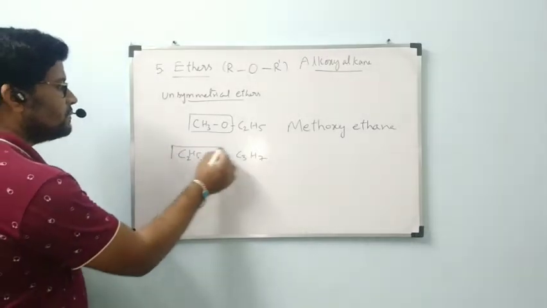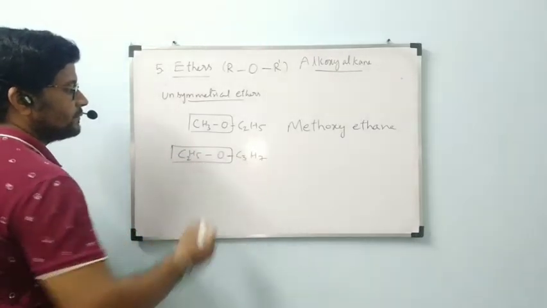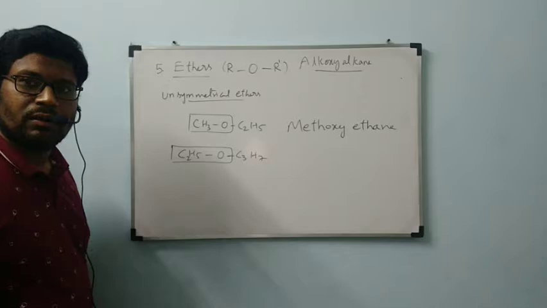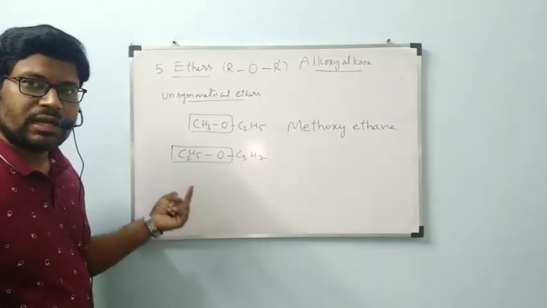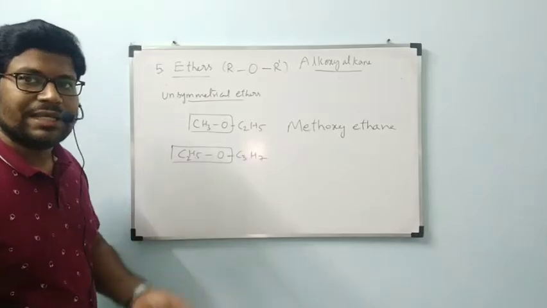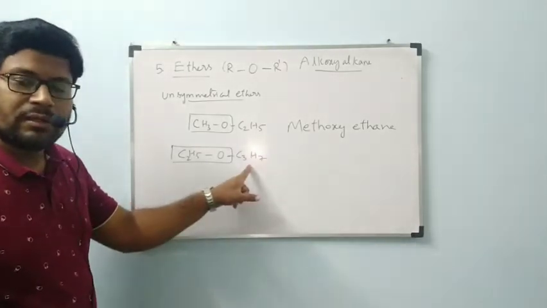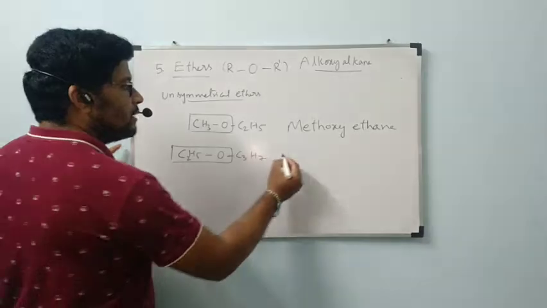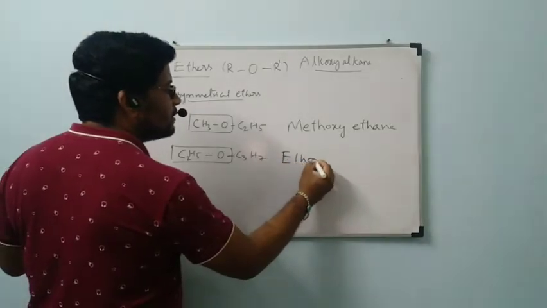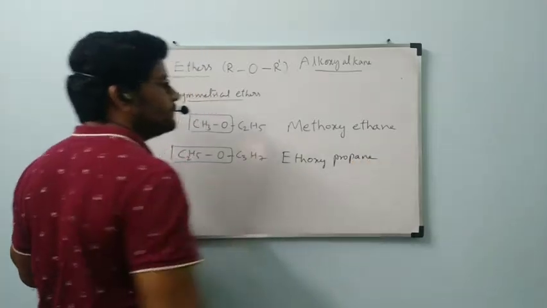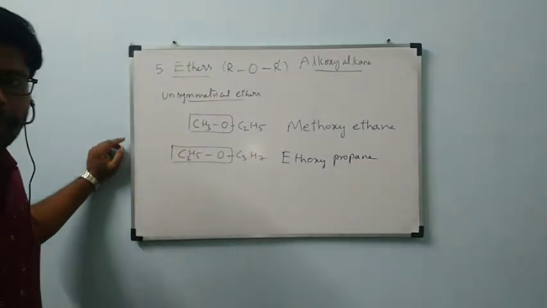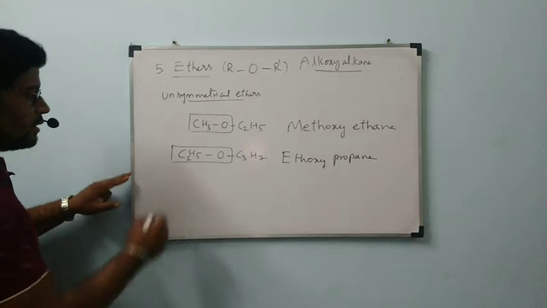Then this one will be joined with oxygen like this. Now, this is called ethoxy. The ethyl group is joined with oxygen, ethoxy. Propane. Ethoxypropane. The name of this compound is ethoxypropane.